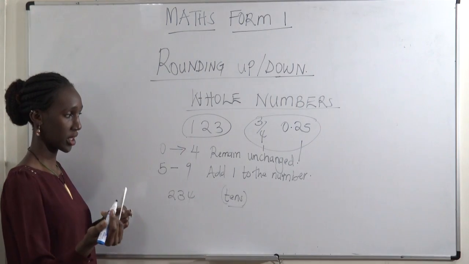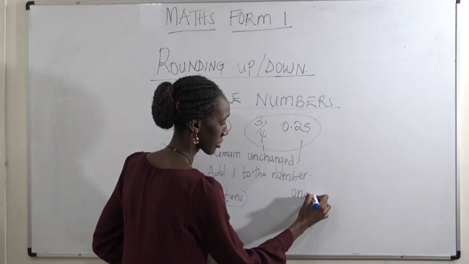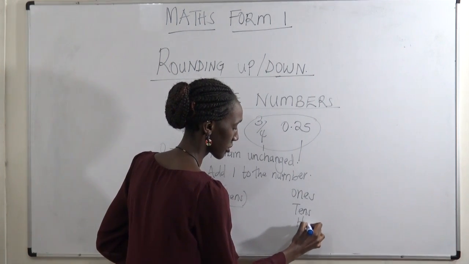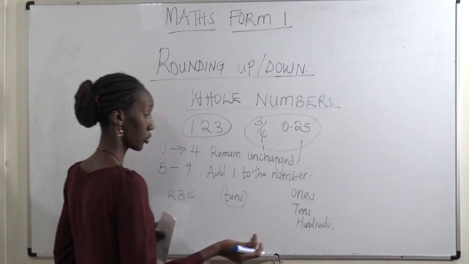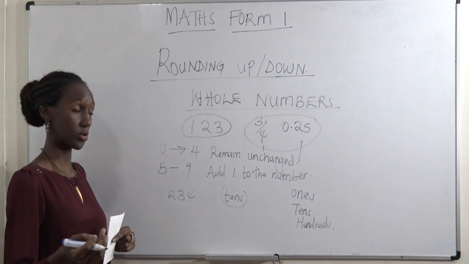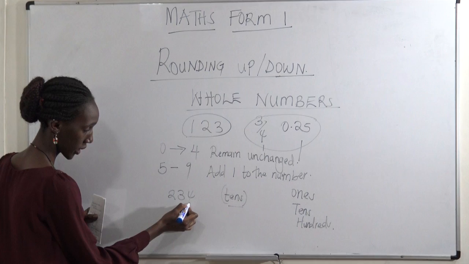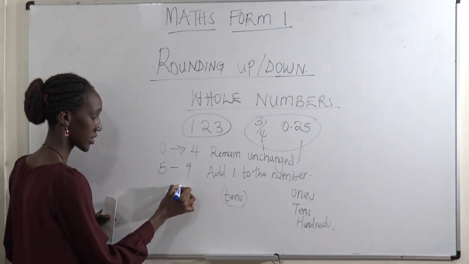So remember our place value. We normally start with ones, then you go to tens, you go to hundreds. So for you to round up numbers or down, you must know the place values. So I'm rounding the number to the nearest tens. So this is ones, then tens. So this is my tens here.